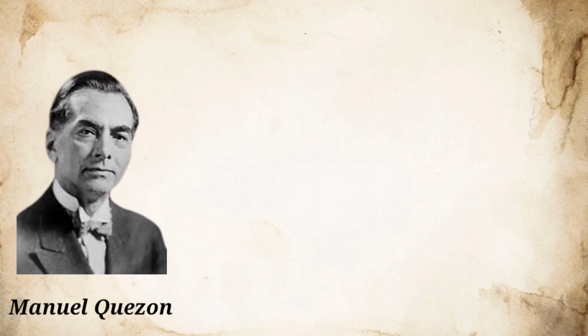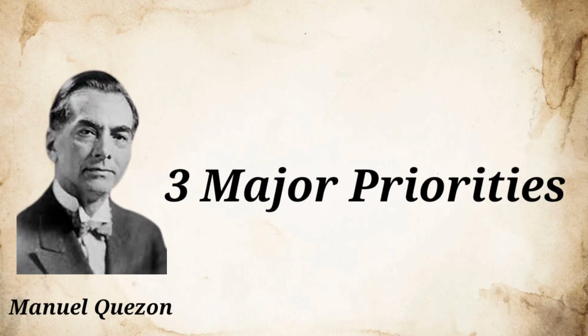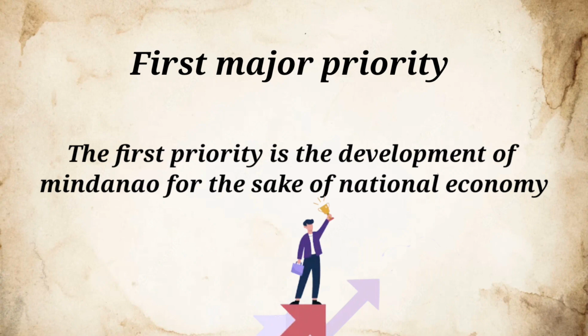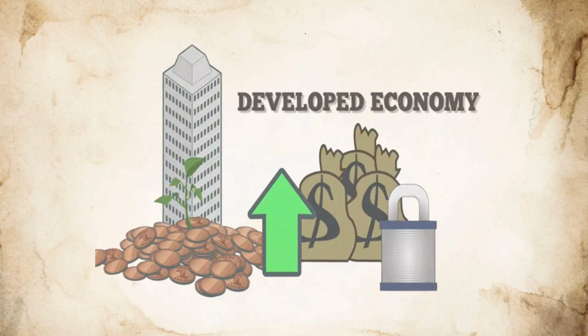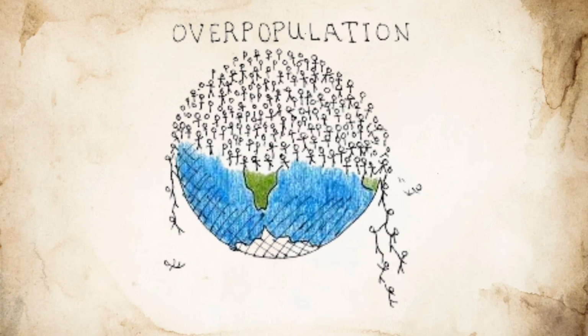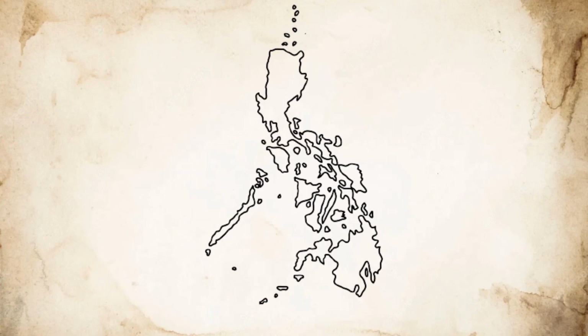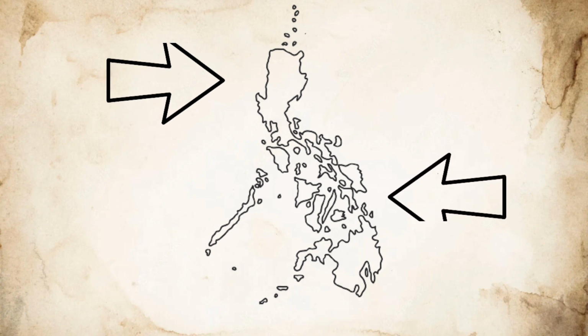During the Commonwealth period, Manuel Quezon identified three major priorities to improve the national economy. The first priority is the development of Mindanao. Due to overpopulation, farmers were against the policy, as well as those who were underemployed in the northern and central parts of the Philippines.